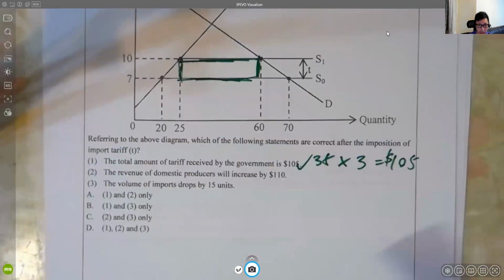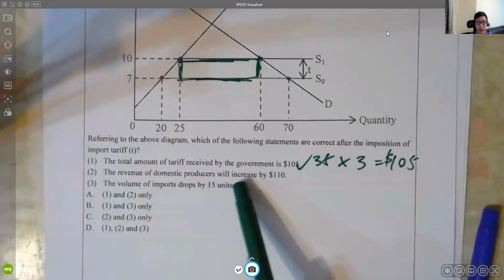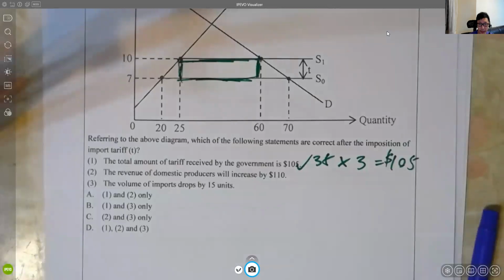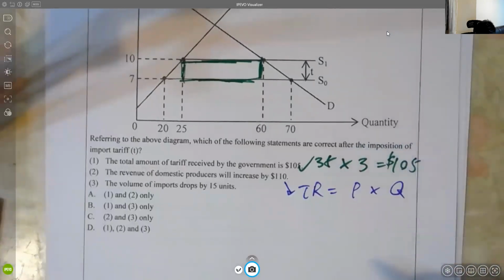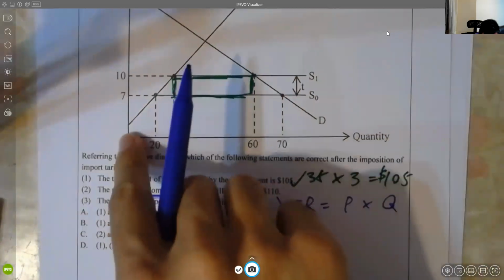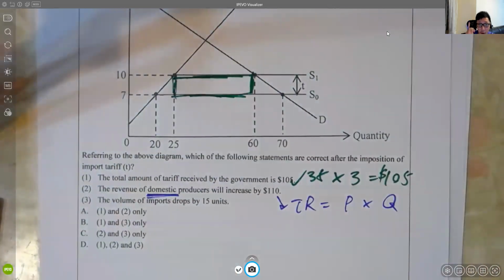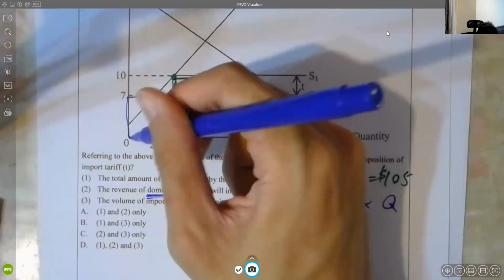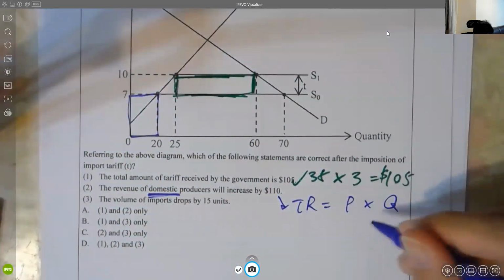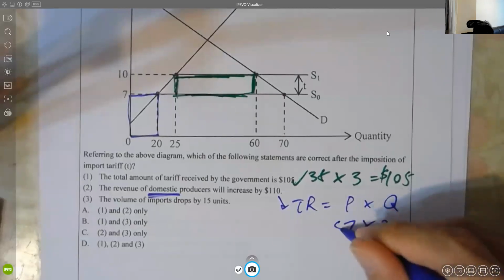Next, the revenue of domestic producer will increase. How do we calculate? Do you remember? Total revenue equals P times Q. But we are only talking about the domestic producer. So which part is the domestic producer? Remember, only the upward sloping part here. Originally, up to here, this guy, 7 times 20, 140.